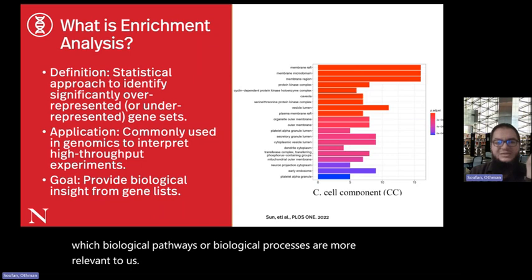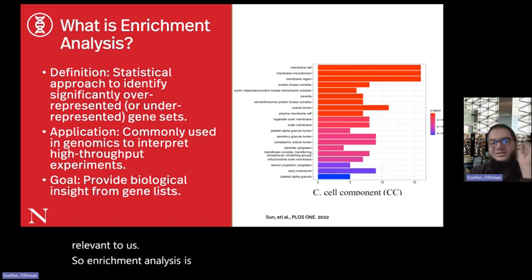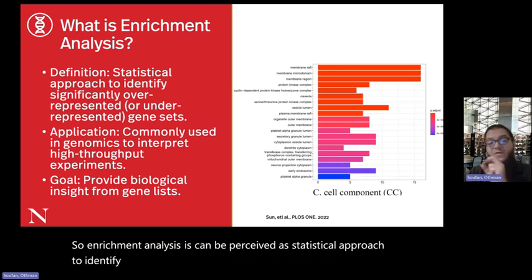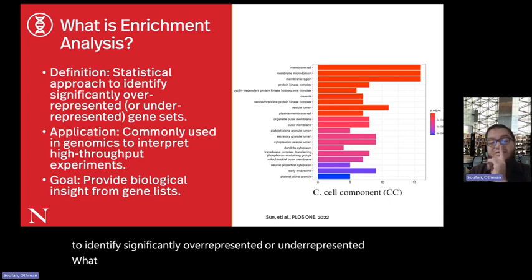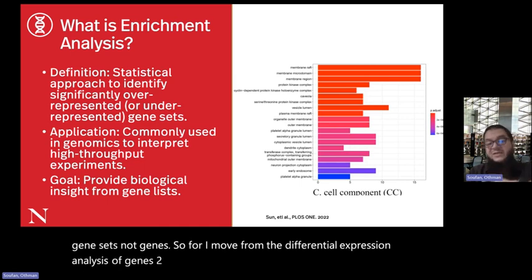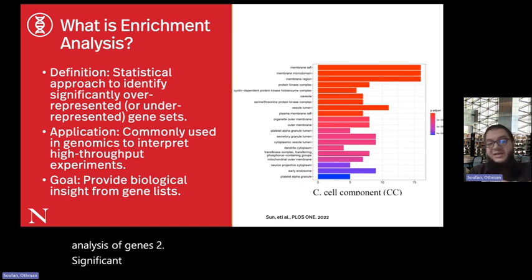So enrichment analysis can be perceived as a statistical approach to identify significantly overrepresented or underrepresented what? Gene sets, not genes. So I move from differential expression analysis of genes to statistical analysis of gene sets.